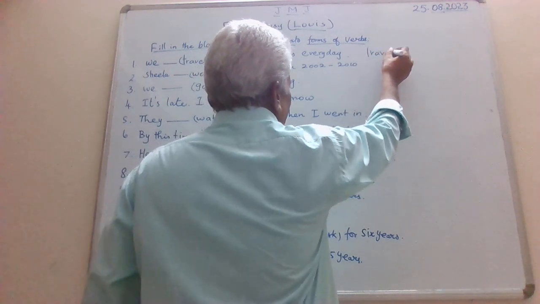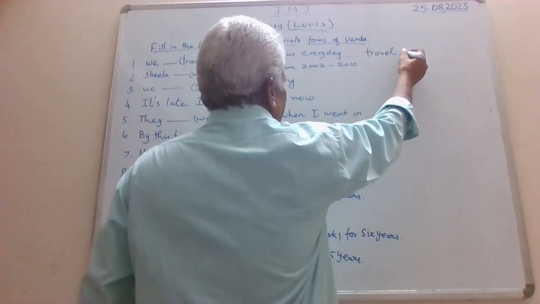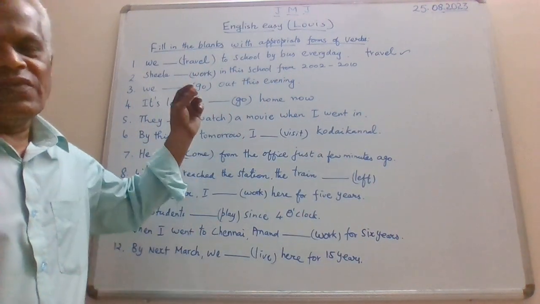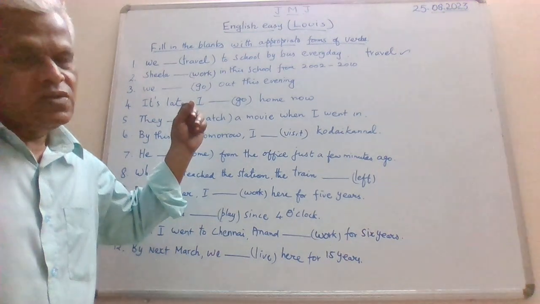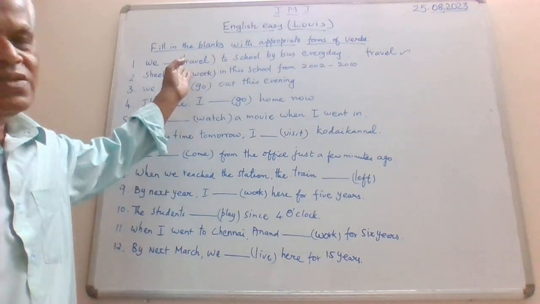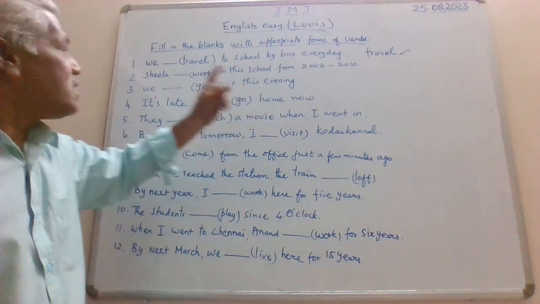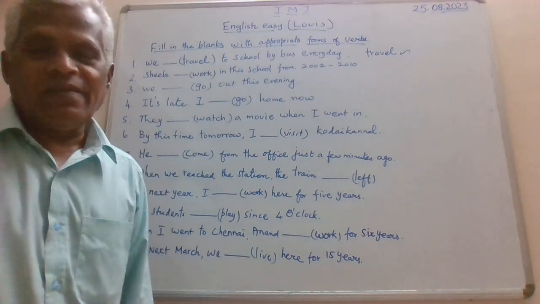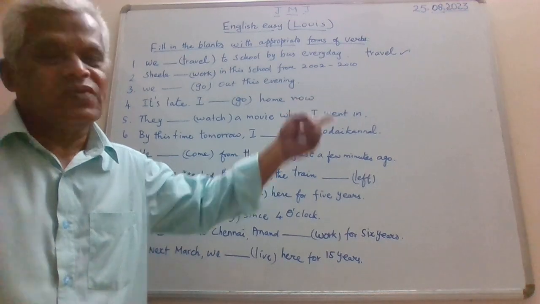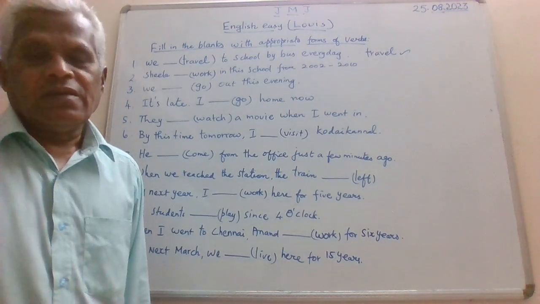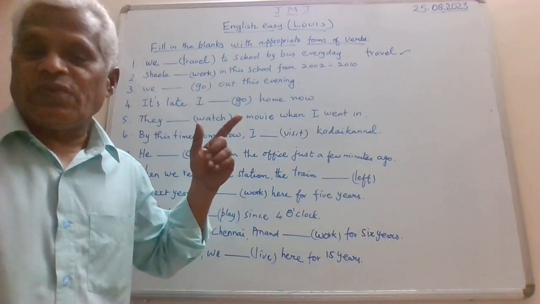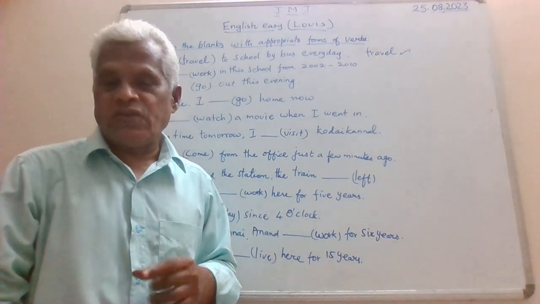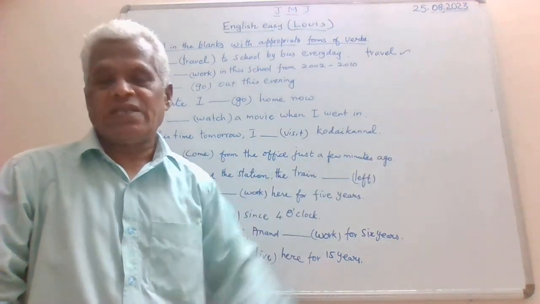Because we is your subject, and in simple present we don't add s. So we retain the same verb and we read the sentence as: we travel to school by bus every day. This is only one of the uses of simple present tense. You must be very clear that this is only one of the uses, to refer to habitual actions.